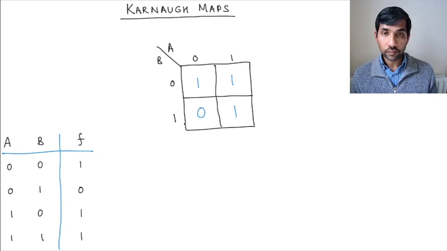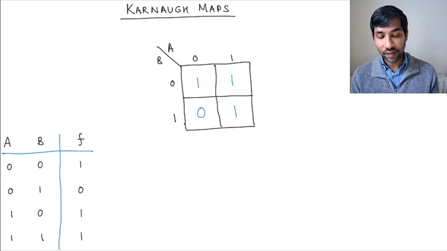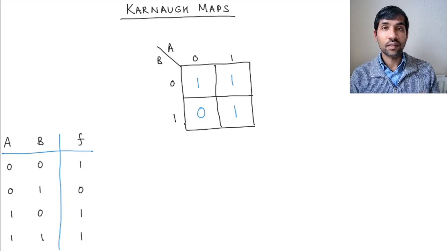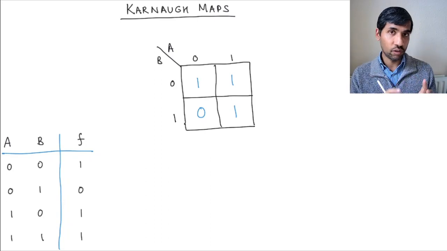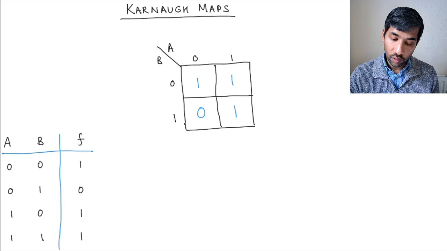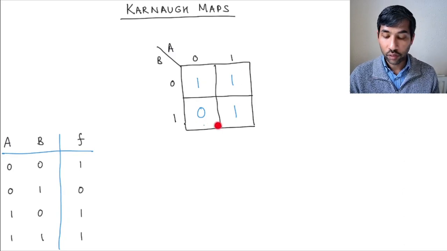Once you do this, now what you want to do is group the ones into as big a group as it is possible to do, right? But the groups can be of sizes which are multiples of 2. It can be 2 or 4 in this case, if all of them are ones. So if this term was also 1, then you could have grouped all the 1s together.